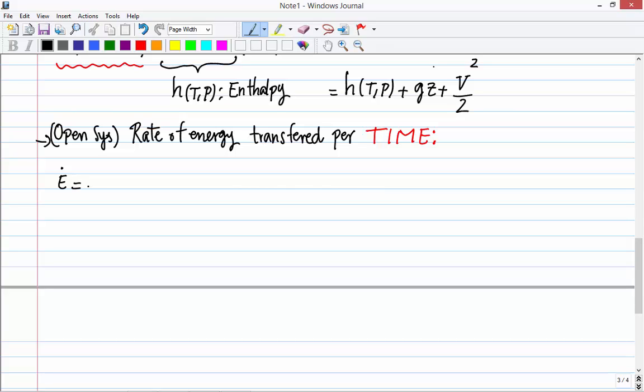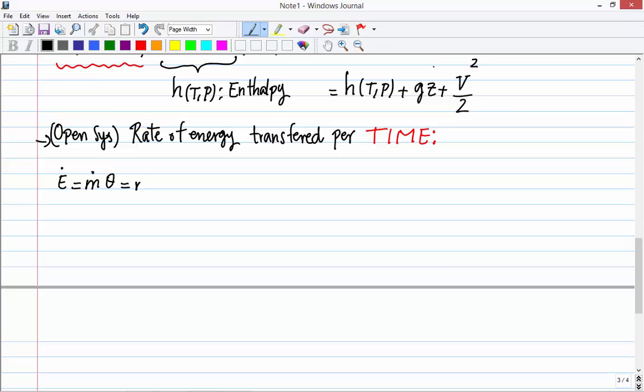This is how I do it. I multiply this M dot, which is mass per time, times energy per mass. So the mass cancels out, and I end up with energy per time.